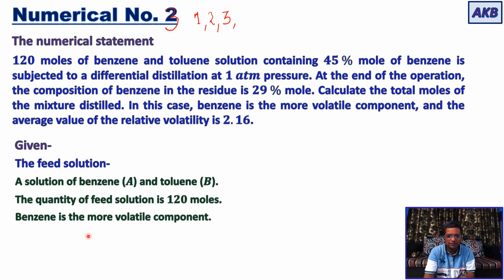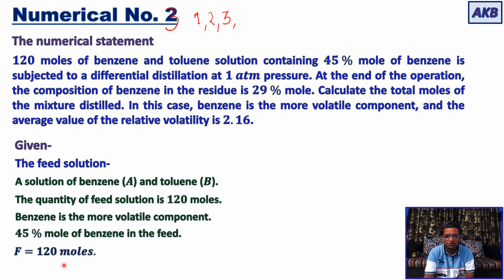Benzene is the more volatile component. That is, benzene is having lower boiling point than toluene at the same pressure, or benzene has higher vapor pressure. Benzene has a higher vapor pressure at the same temperature. Okay, so from all this, the other information that is given to us is the feed is containing 45% mole of benzene in it.